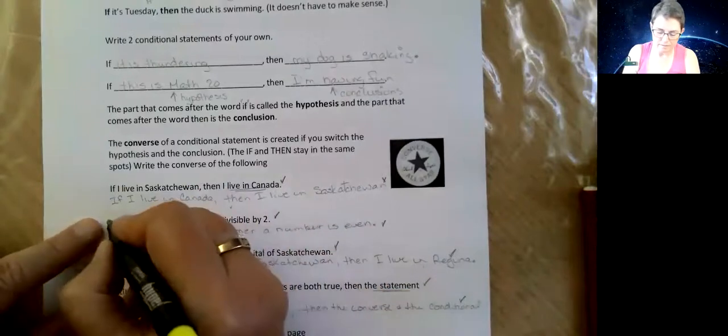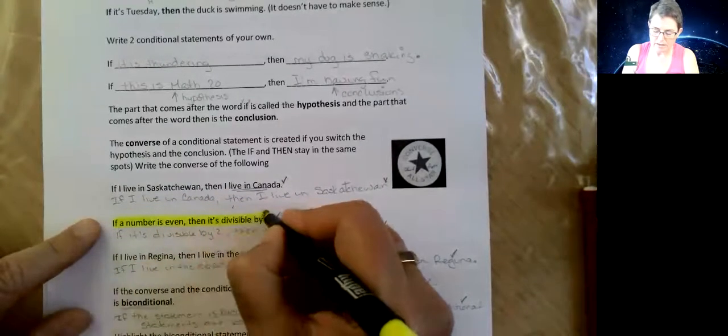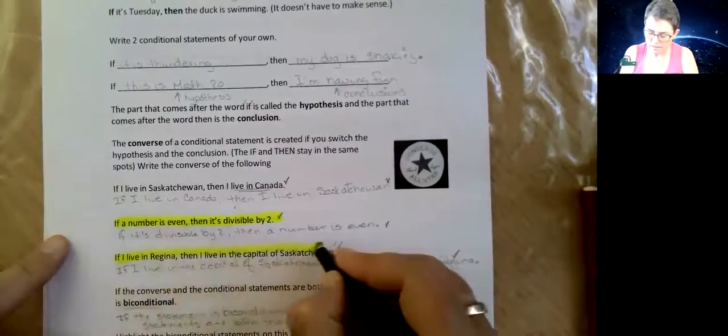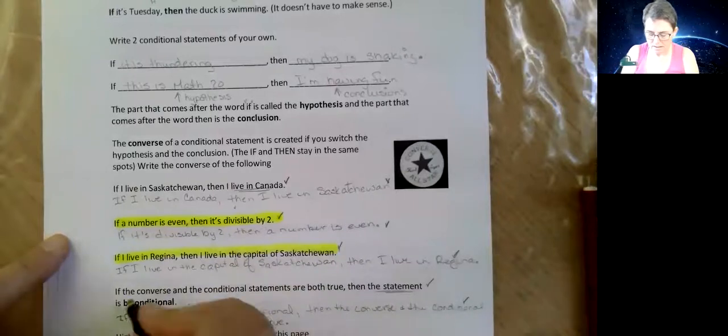Biconditional statements are ones where they work both ways. Here's one. I worked kind of hard to make sure we had some examples on there. There's another one, and this one.